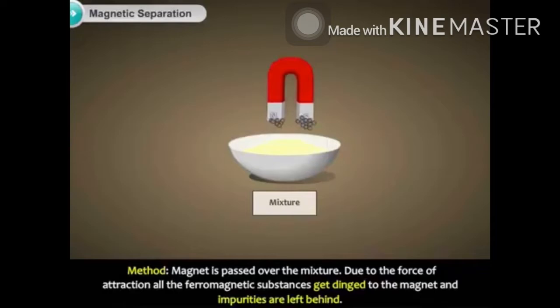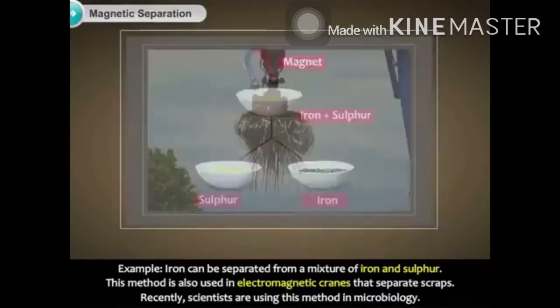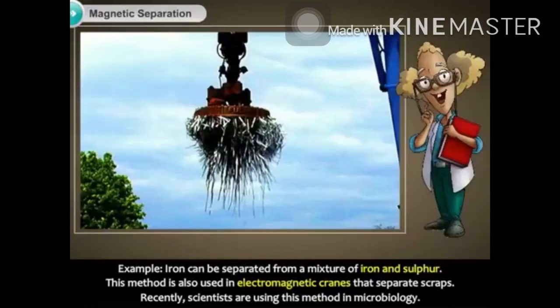Due to the force of attraction, all the ferromagnetic substances get clinged to the magnet and impurities are left behind. Example: iron can be separated from a mixture of iron and sulfur. This method is also used in electromagnetic cranes that separate scrap. Recently, scientists are using this method in microbiology.